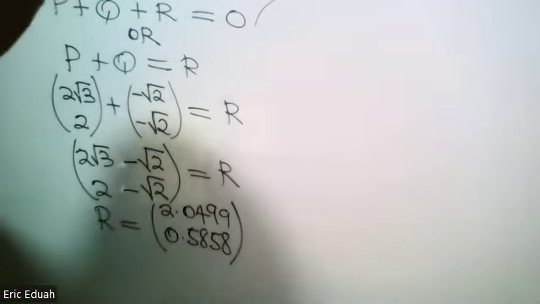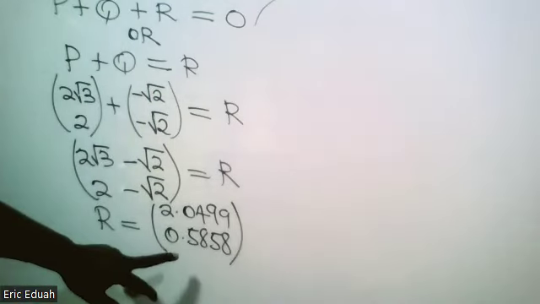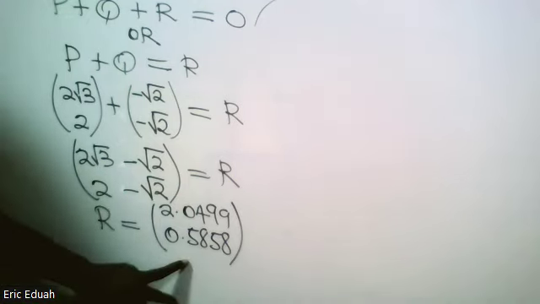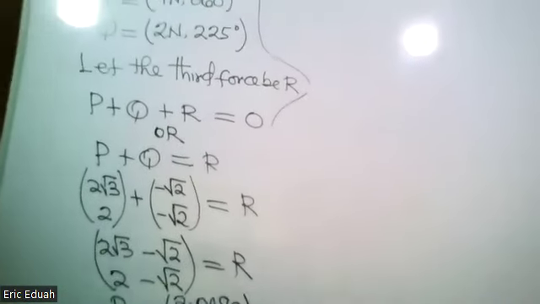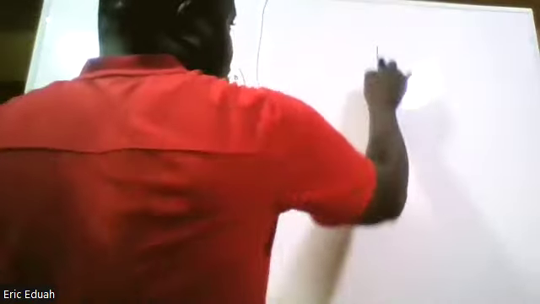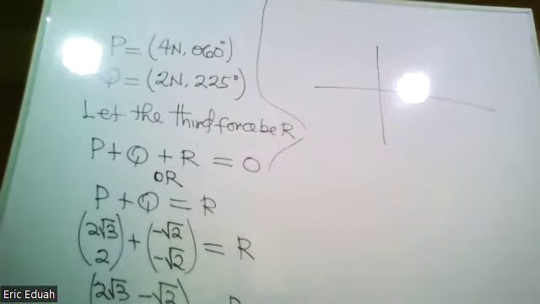So these are the coordinates of the equilibrants. Leonard, mute yourself. Having had the coordinates, you draw the coordinates on the Cartesian plane as we've been doing. The x component is positive. The y component is positive.